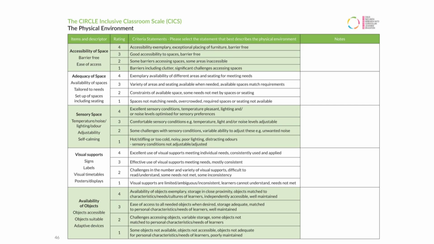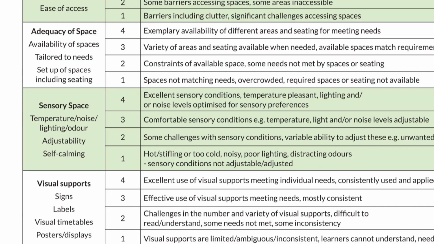For example, the physical environment is divided into accessibility of space, adequacy of space, sensory space, visual supports and availability of objects. It's then up to the teacher to rate each of these from 4 to 1, where 4 is where the environment is exceptional in supporting participation, to 1 where the environment strongly interferes with participation.